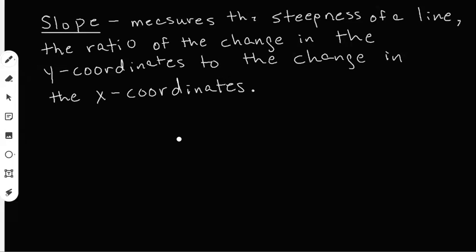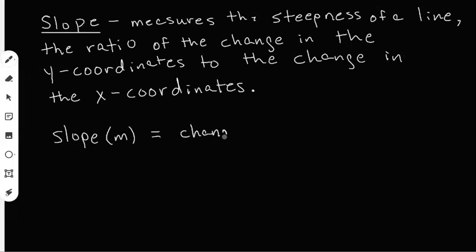Now, there are a couple ways that you can find slope. Today, we're going to be using 2 ordered pairs to find slope. So the formula for that is going to be slope, and we're going to use a lowercase m for slope. So when we find slope, we're going to have the change in y on the top of the fraction.